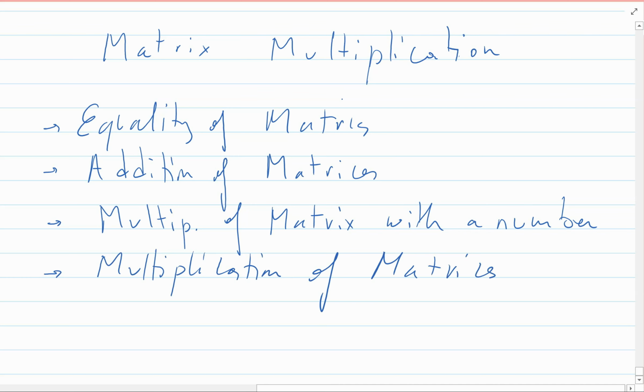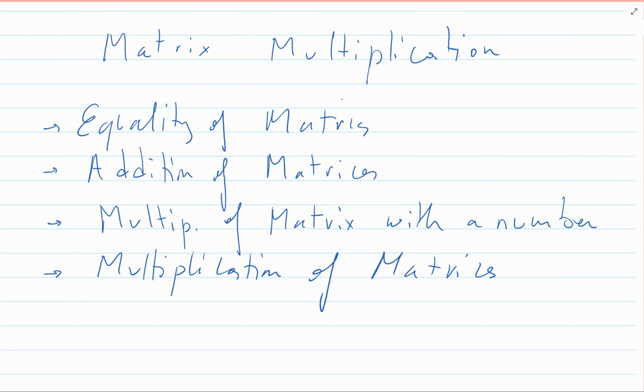Later on, we'll talk about the division of matrices. You will see that the multiplication is already complicated. The division is even more complicated, okay?